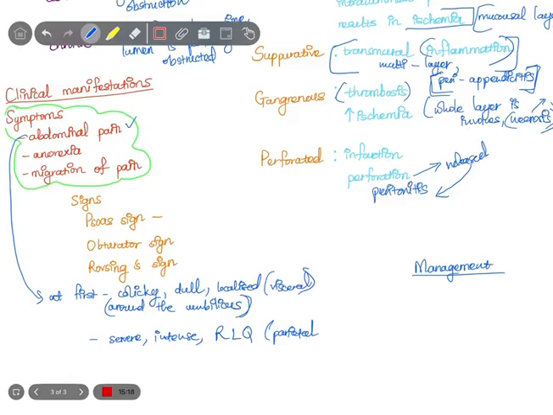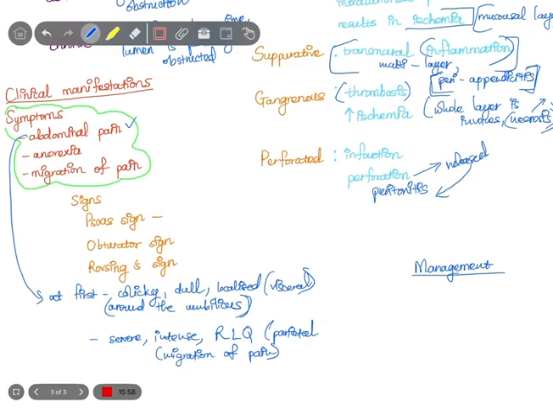These have a lot of free nerve endings, a lot of mechanoreceptors, and the A delta fibers. They are fast in transmission, and that's why the pain is felt as a very sharp, acute pain. So this is where we experience what is called a migration of pain, because the somatic nerves are more localized.